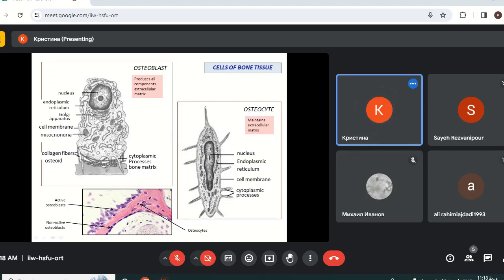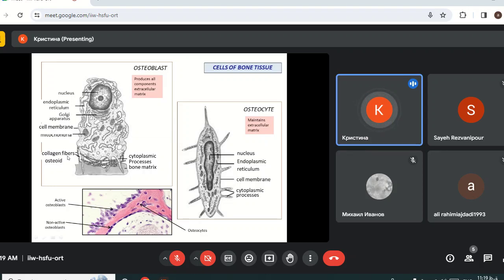Also, they have Golgi apparatus and a rather large and light-staining nucleus. It indicates that the cell is actively producing a lot of proteins. So first, the cell produces organic substance, which is called osteoid.